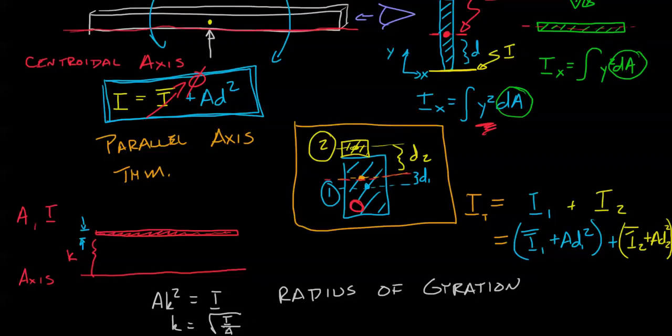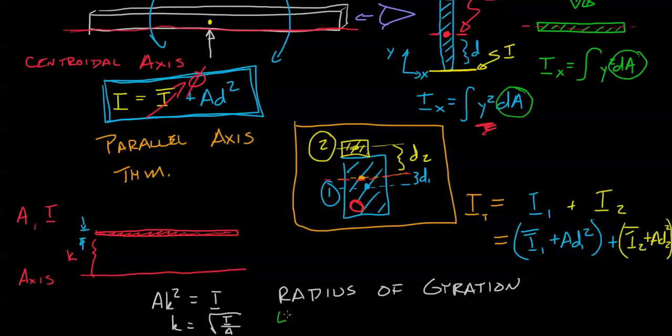Imagine two objects with the same area. All right? Two objects that have the same area, but say one object, we could even use our ruler, right? These two have the same area, but this blue one has a much higher moment of inertia. So we could compare the two by seeing that the radius of gyration of this object, which has a really high moment of inertia with the same area, is going to be much larger than the radius of gyration of this object.